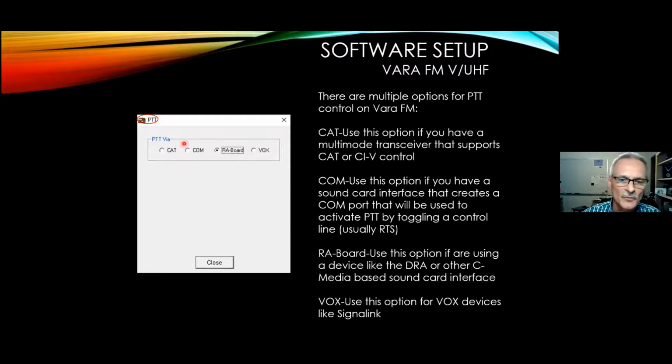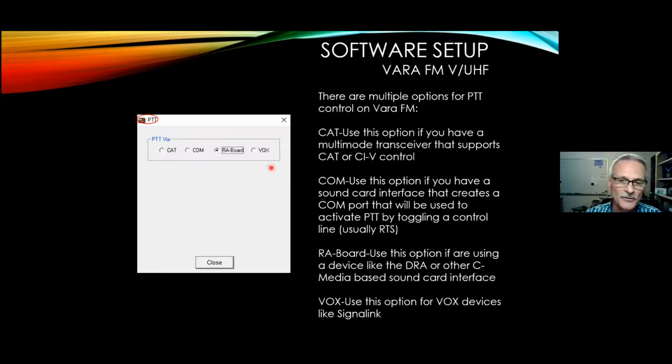This is the COM port. So if I was using that old interface, I'd select this one and say, okay, I'm going to use COM3 and the request to send lead on COM3, and that's how I'm going to do my push to talk functioning. So if you select this one, it'll bring up an additional dialogue here, which says which COM port are you using and which lead are you going to use.